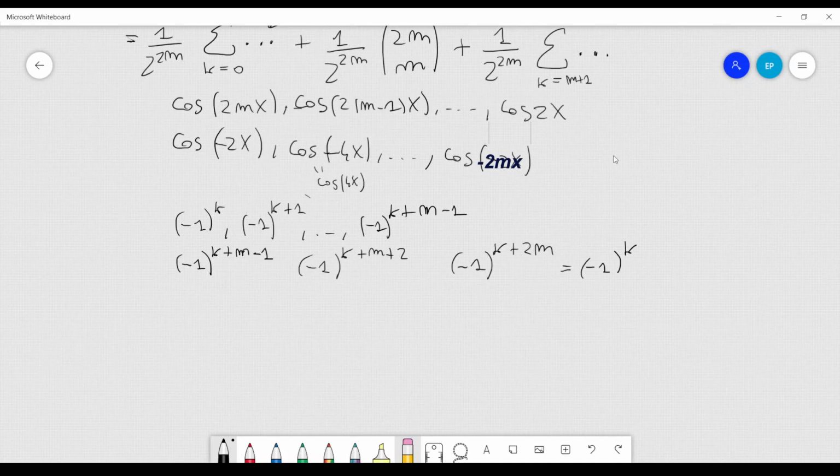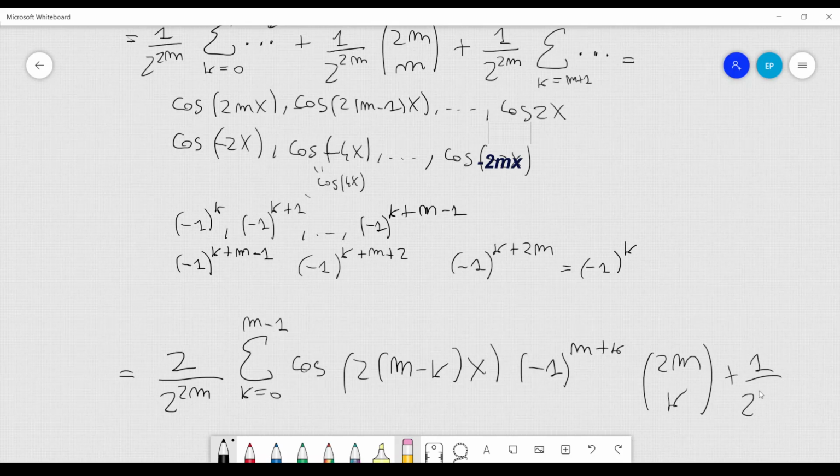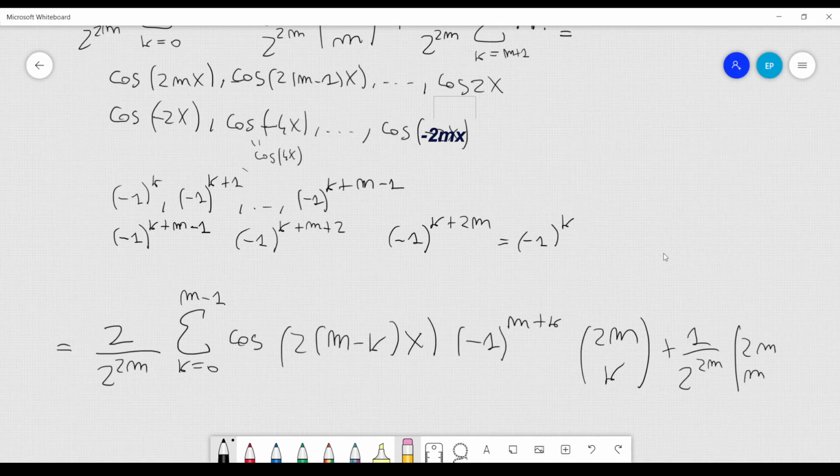So what we get is the following. We get that this is equal to twice the summation, divided by 2 to the power 2m, with the index k going from 0 to m minus 1, and then I have cosine of (2m minus k)x, minus 1 to the power m plus k, 2m choose k, plus 1 over 2 to the power 2m, 2m choose m, like this.